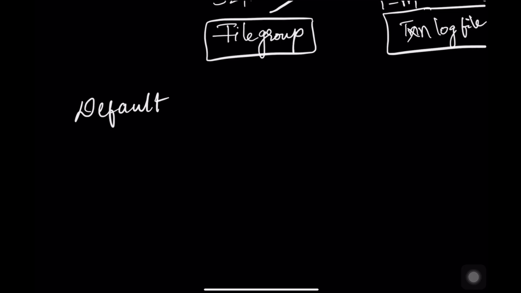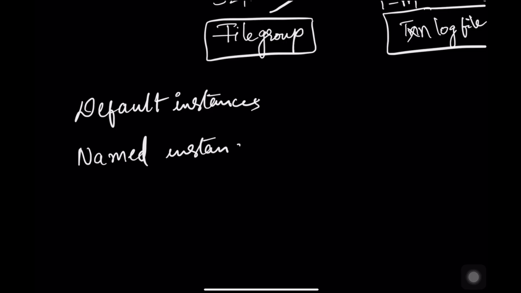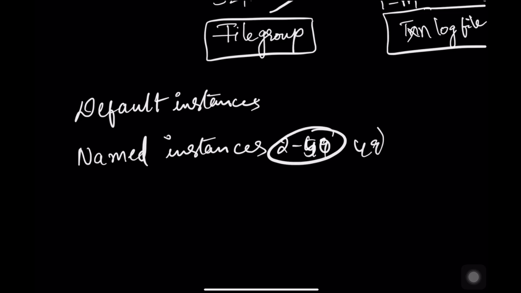The first instance installed is called the default instance, and the second and subsequent instances installed are called named instances, from 2 to 50. There are 49 of them, right? So they are called named instances. The default instance is like the main apartment. It does not need a nameplate.